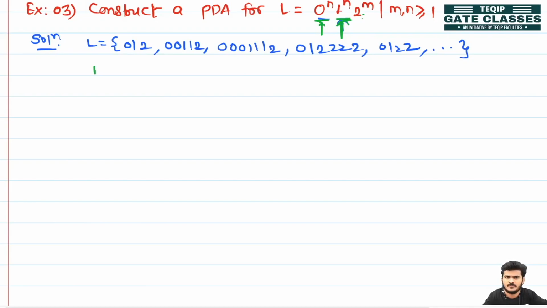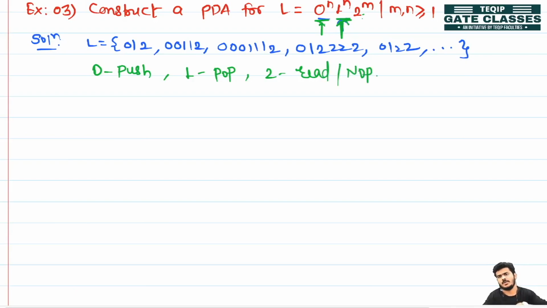For 0 we will push, for 1 we will pop it, and for 2, whenever 2 starts occurring, we will just read it. We will not do any operation on the stack. I hope you understood this logic. Now our work is to design a PDA. So I will take the stack here.